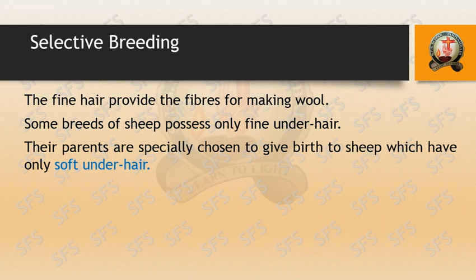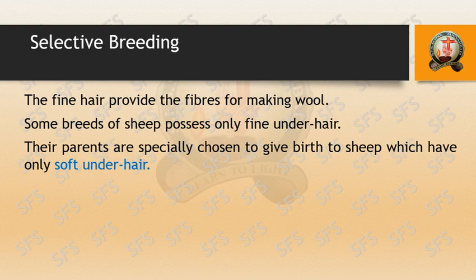So what they do is their parents are specially chosen to give birth to sheep which have only soft underhair. The people who manufacture wool collect a large herd of sheep, and they don't mix all the sheep together.